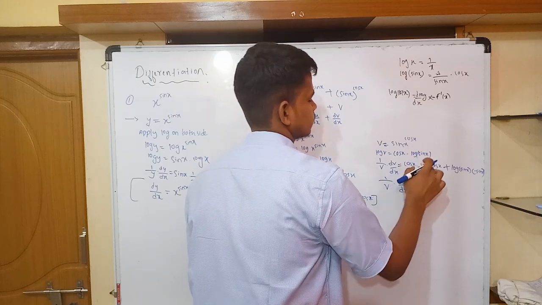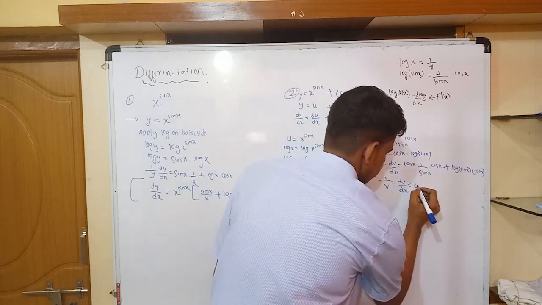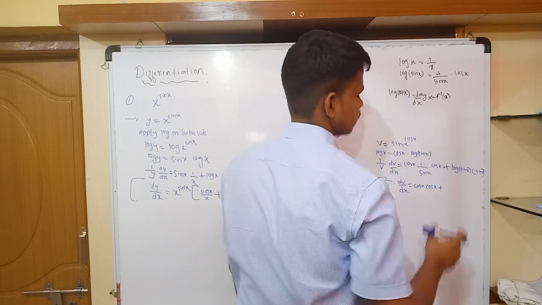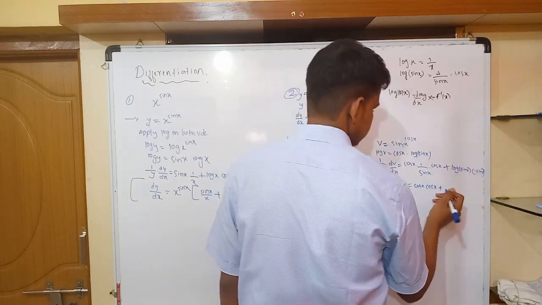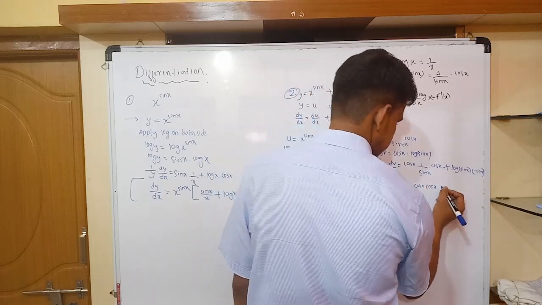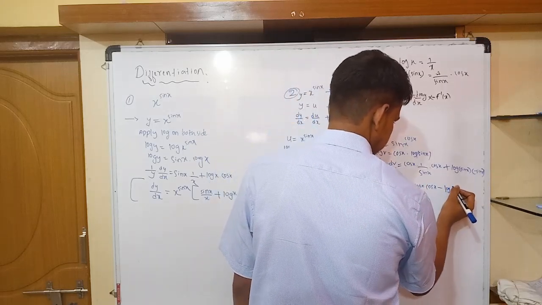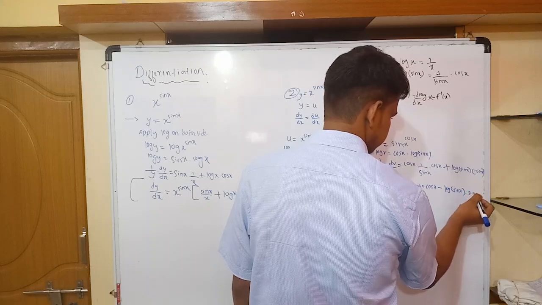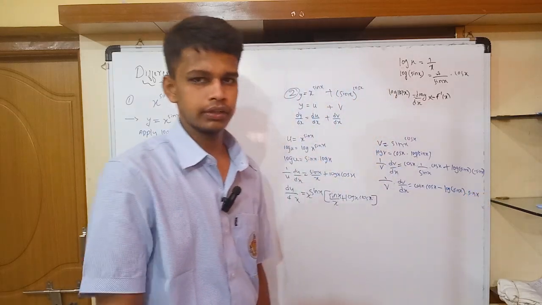Here cos x by sin x becomes cot x, into cos x, plus log of this, plus, here it is minus, so I take it outside: minus log sin x into sin x, I will write like this.